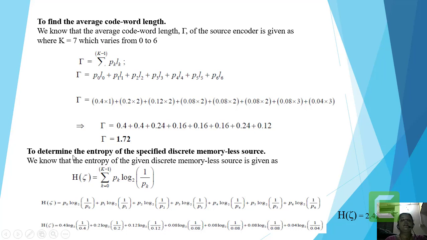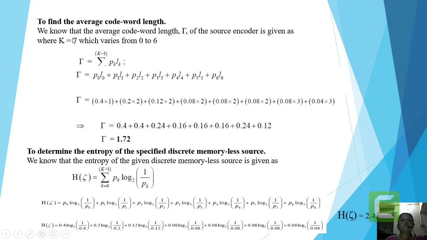Next step is determining the entropy of the specified discrete memoryless source. And the entropy will be found out as H of zeta is equal to summation from k equal to 0 to k minus 1 pk log of 1 divided by pk. pk's are nothing but individual symbol probability.